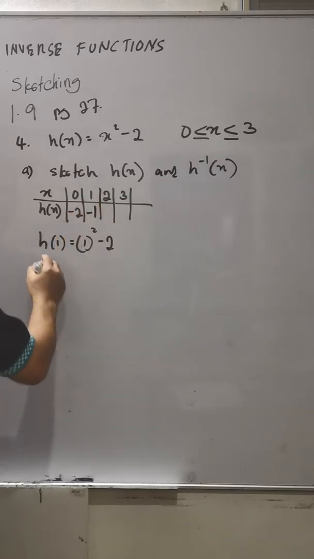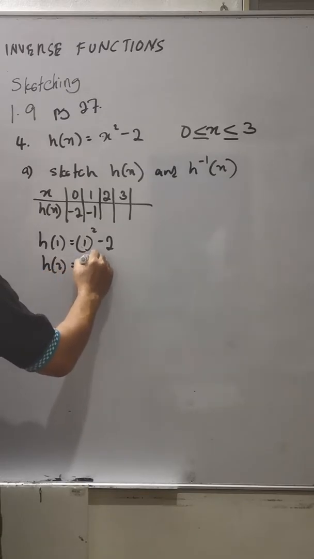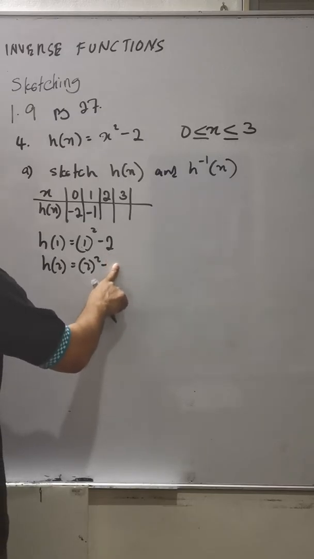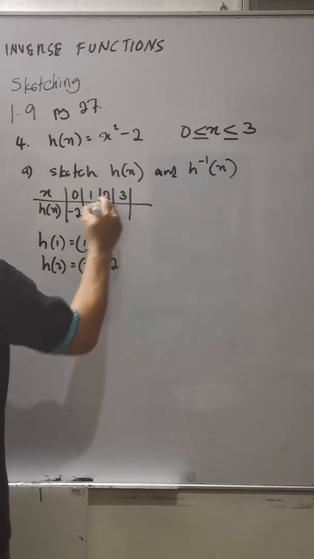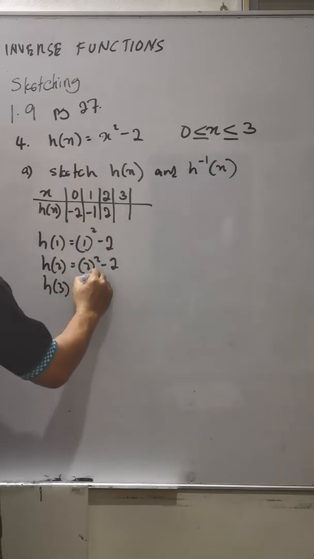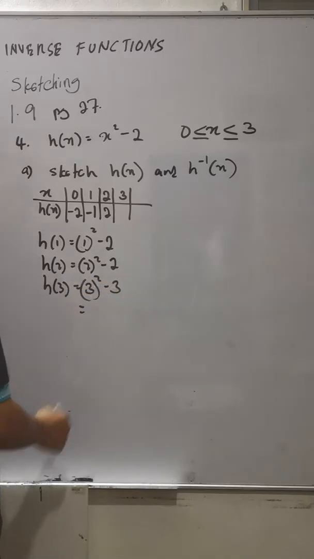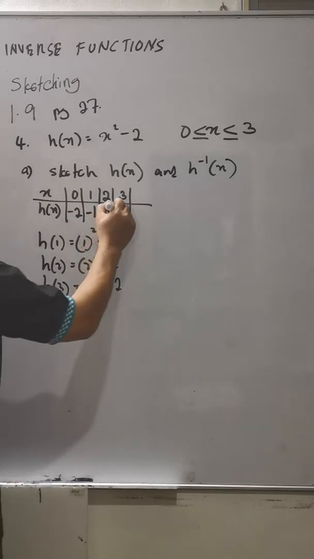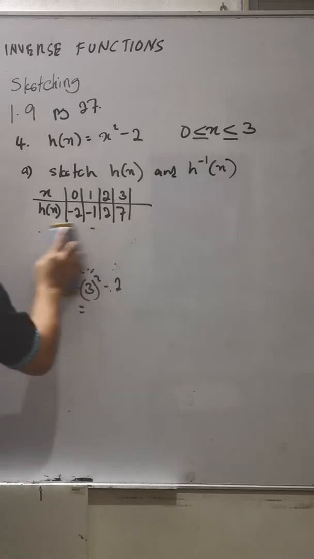If we replace x as 2, 2 squared is 4, minus 2, 4 minus 2 will be 2. h(3), 3 squared minus 2, 9 minus 2 will be 7. Okay, so we have the table.